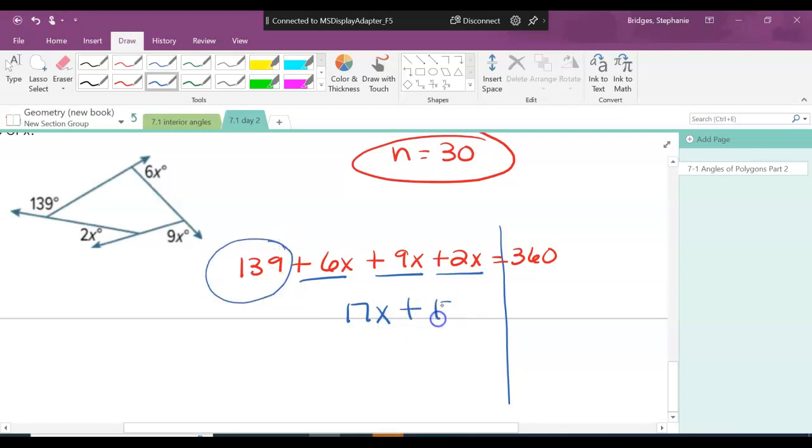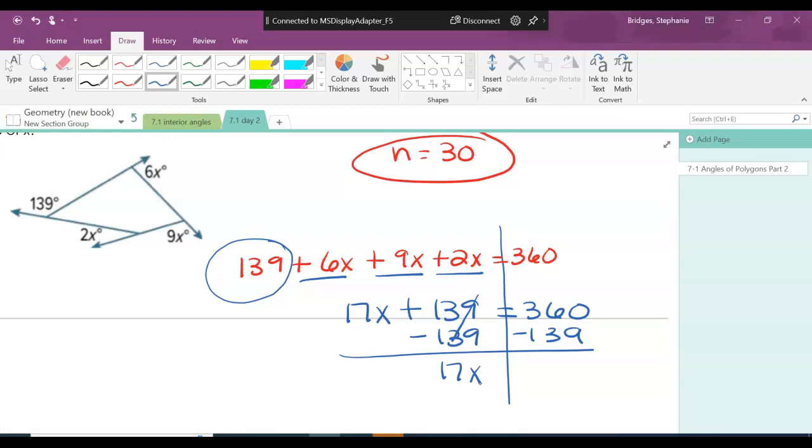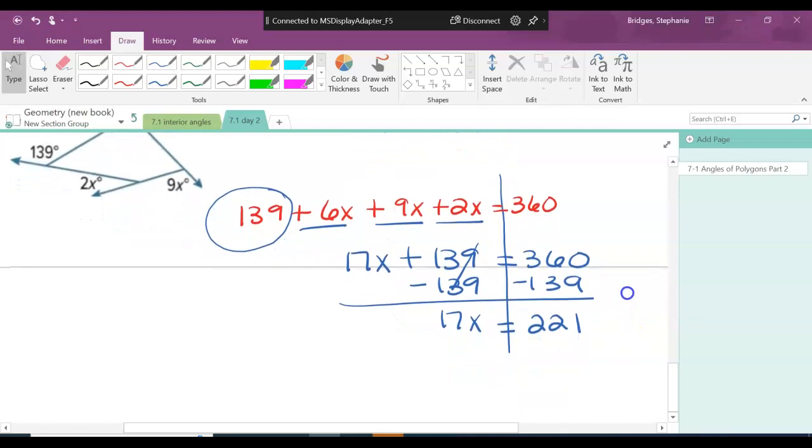That 139 is the only number I have over there, so I'm going to bring that down. Then I can continue to solve my equation. 360 minus 139 is going to give me 221. And then I'm going to divide by 17. So x is equal to 13. And that's all it was asking me to find there.